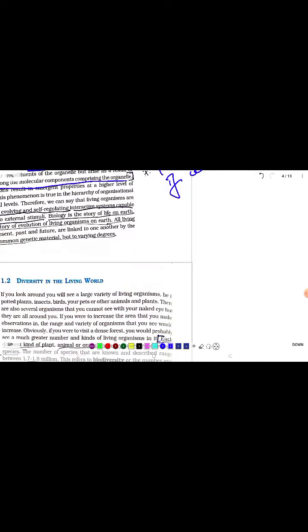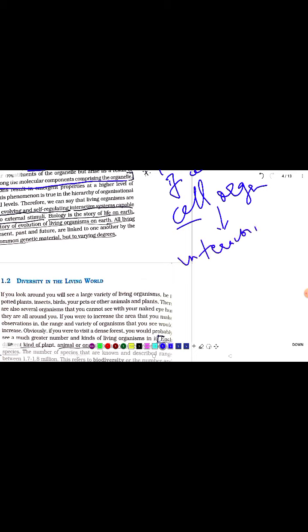In the same way, the properties of cell organelles are because of the interaction of molecular components.